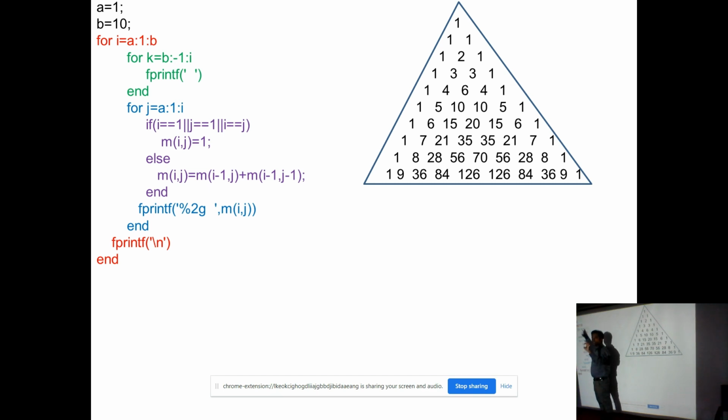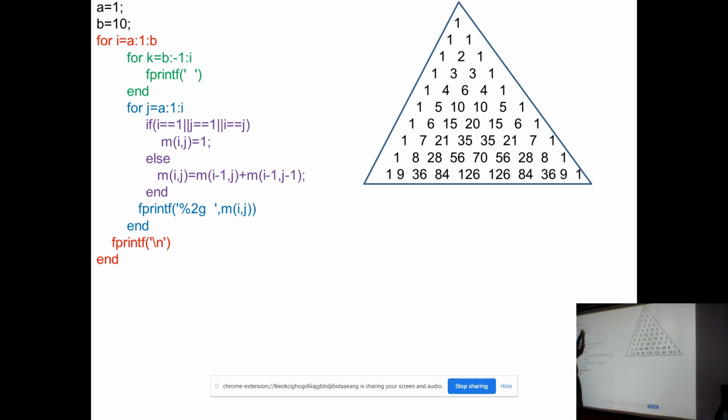Understood? So why is this loop running 10 times? Every time it enters, what have I written? fprintf of just a single quote, that means just a space. Just a space. Now just check. For i equal to a, 1, it enters here and this is the loop I have written for 10 times.